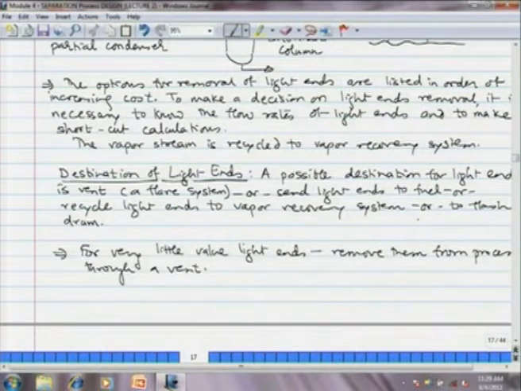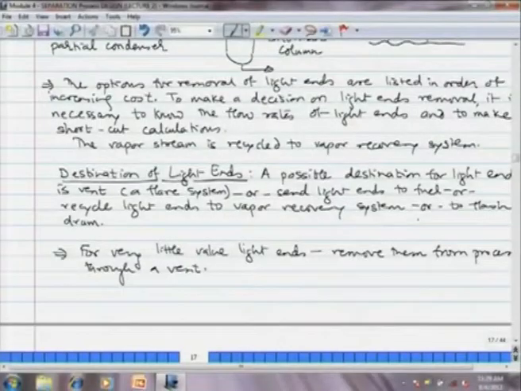For example, if the light ends are saturated molecules like methane, ethane, propane, then a mixture of propane and butane is used as LPG. So, that is one of the uses of these light ends. Now, as the unsaturation of the molecule increases, the reactivity increases. So, molecules like ethylene, propylene are increasingly being used as the major feedstock for petrochemicals.